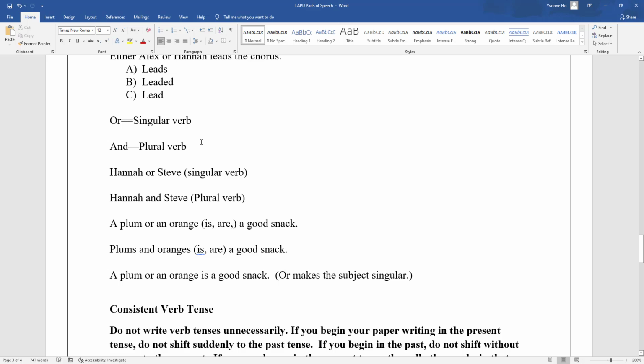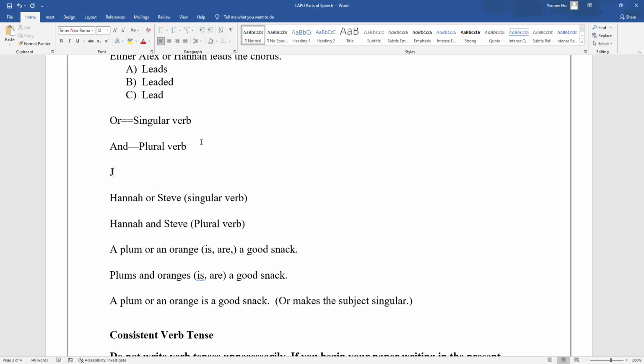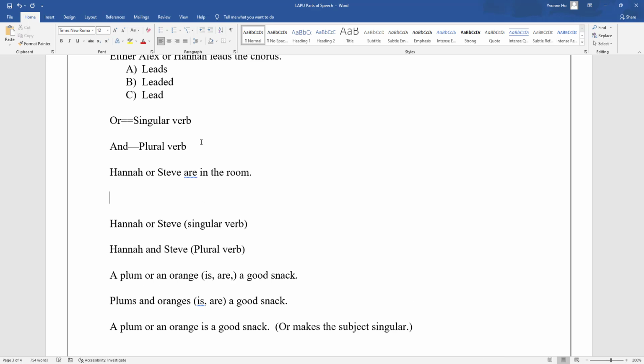So for example, if I have Hannah or Steve are in the room, Hannah and Steve are in the room. It should be are. Yeah, because I'm trying to do an exercise. So are in the room.